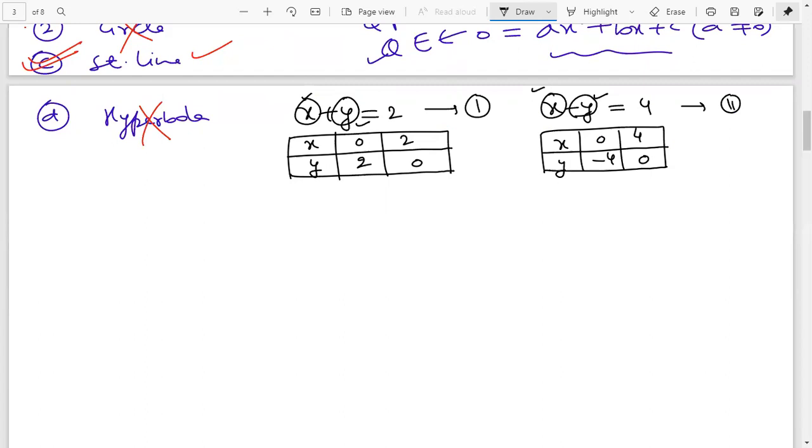For this chapter, pair of linear equations in 2 variables, you have to draw on the same page, not separate graph paper. So we can practice on the same page, not a problem. Graph paper is given only for the construction chapter, that is basically chapter number 10 or 11. Fine. So we'll see how we can plot here.